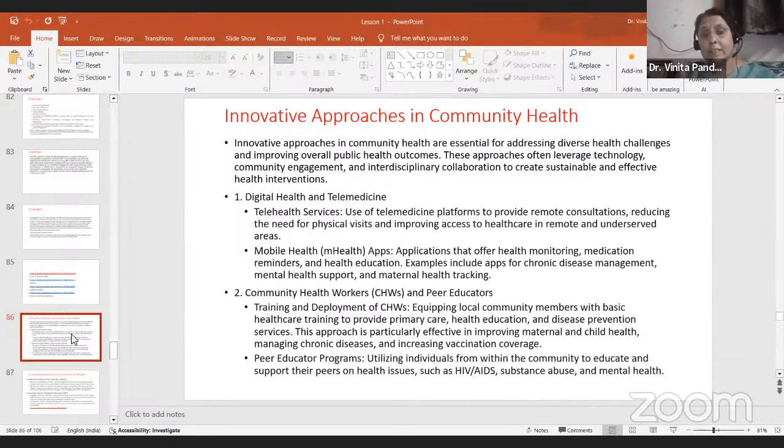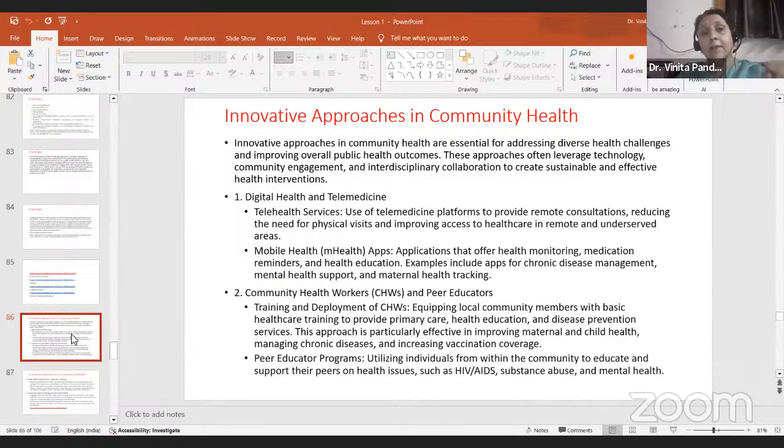So this slide we discussed in yesterday's class, how digital health and telemedicine are coming in a large way. And see, when you are bringing in technology in such a large way, you should also ensure and facilitate that its benefit is going to the grassroots level.